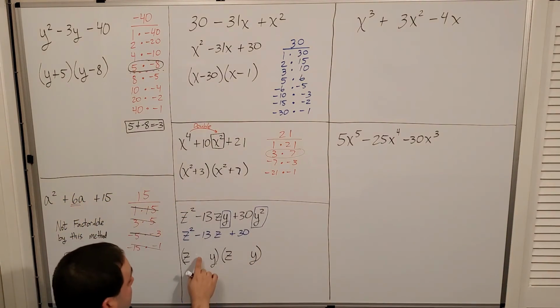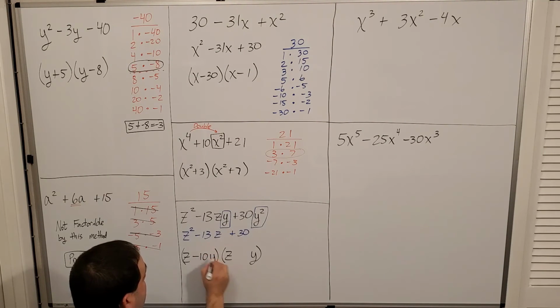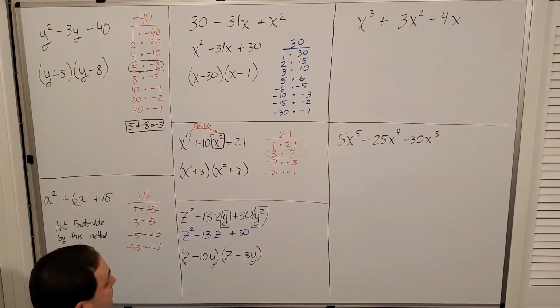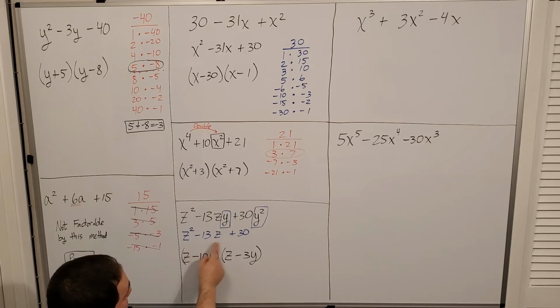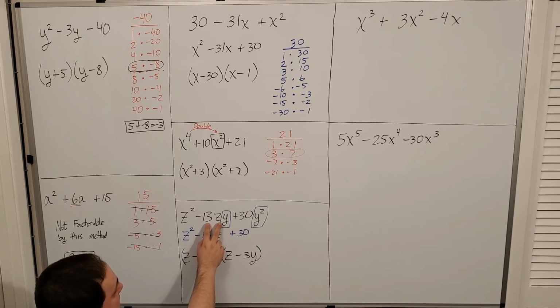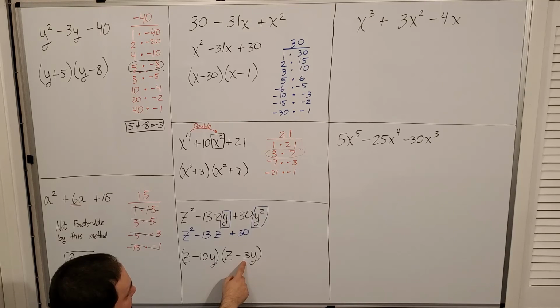So then that's what I put here. Minus 10 and minus 3. Okay? Notice it works out. Z times z is z squared. I've got negative 3zy and negative 10zy, which will give me a negative 13zy. And negative 10y times negative 3y would give me 30y squared.